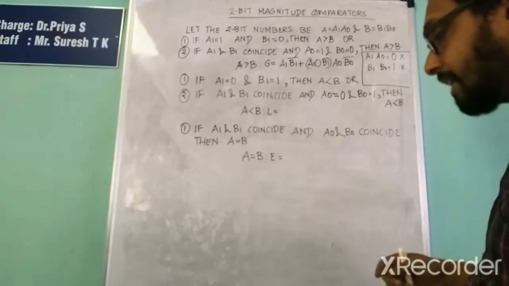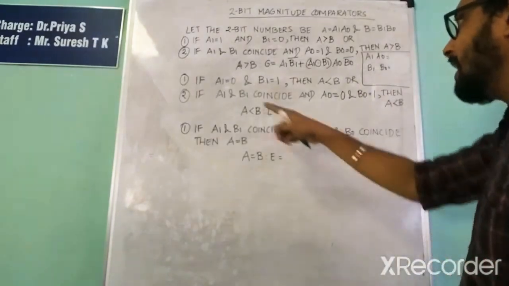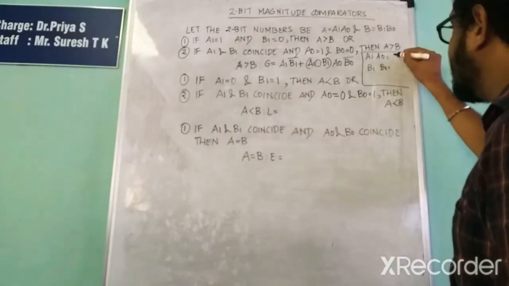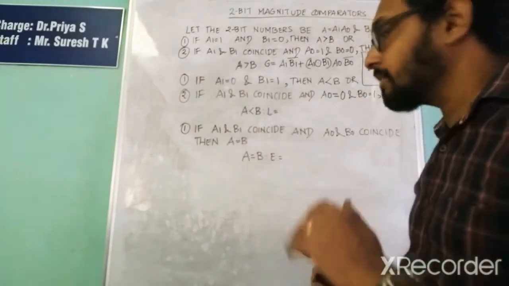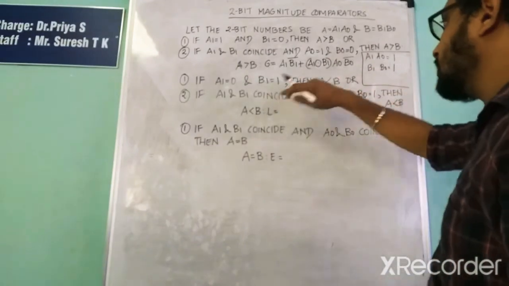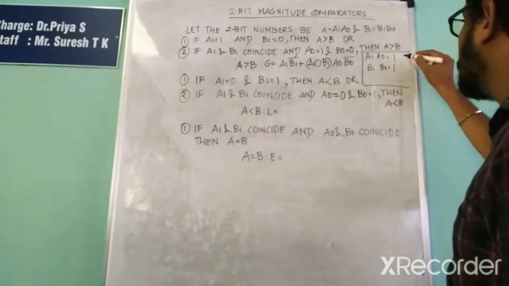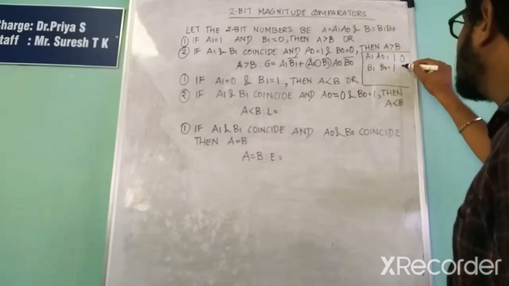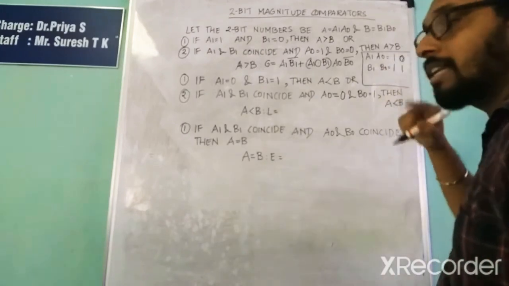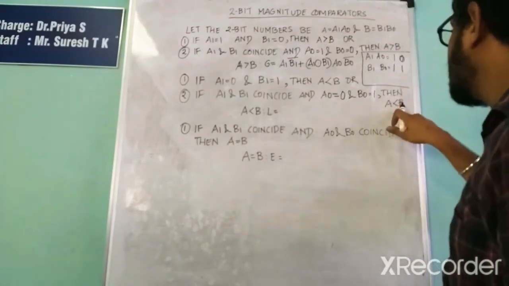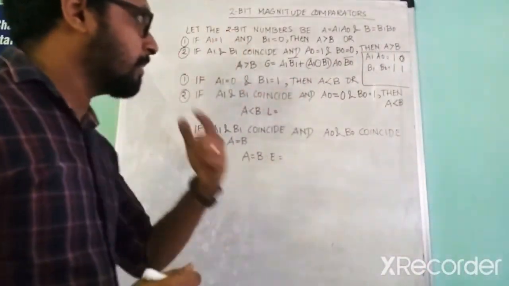Or the next condition is A1 and B1 coincide. We can again give any value, but for the time being I am putting A1 as 1 and B1 as also 1, and A0 is equal to 0 and B0 is equal to 1. 1 0 is less than 1 1, then it's also a condition for A less than B. So how can we write the expression for A less than B?